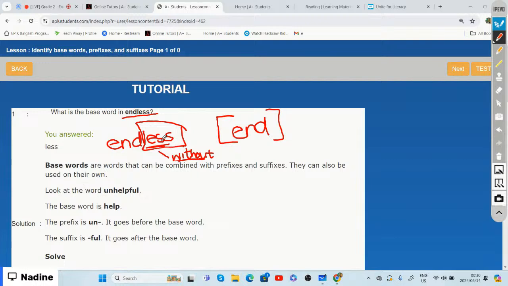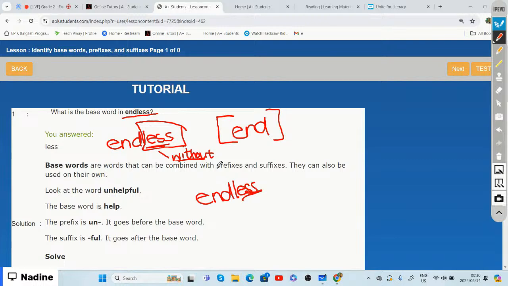So if you look at the word without, right, less, then we would say if something is endless, what does it mean? Think of this word also. If something is endless, then what does it mean? It means it is without end. Because it is endless, it is without end.